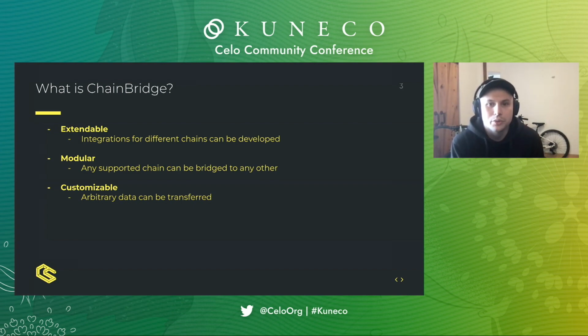So Chainbridge is really a developer toolkit to build bridges between blockchains. Some of the key properties of Chainbridge is that it's extendable. So we're able to develop integrations for many different chains. These integrations can be simple and follow a basic protocol, or more extensive and include some additional features. It's also modular. So for the chains that are supported, they can be combined in different ways to construct different bridges between each other.